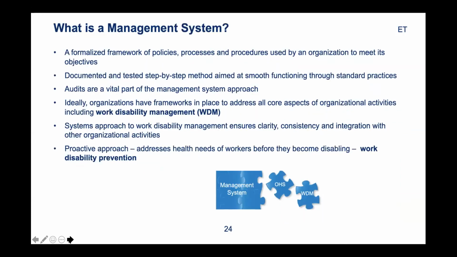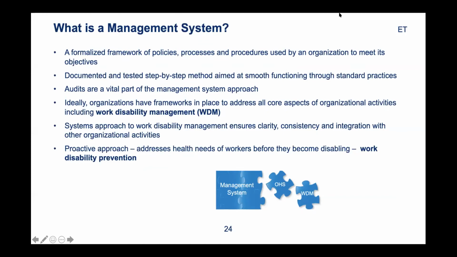Next slide, please. Okay, so what is a management system? I get asked this question a lot when I talk about this standard and other management system standards that are provided by the CSA Group. It's not familiar to everybody. What we mean by management systems is a formalized framework that has policies, processes, and procedures that are used by the organization to meet all of the organization's objectives.